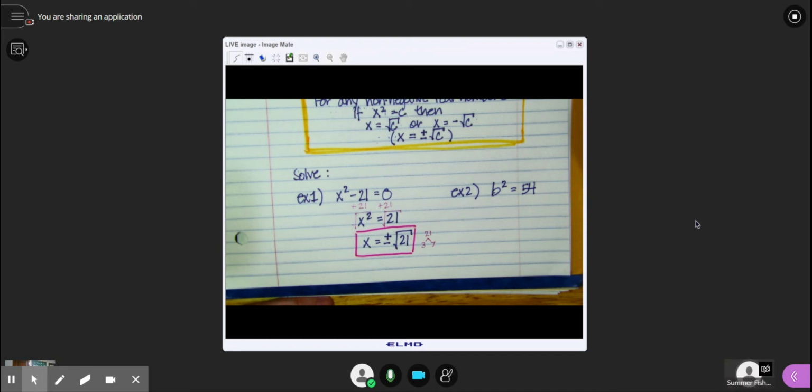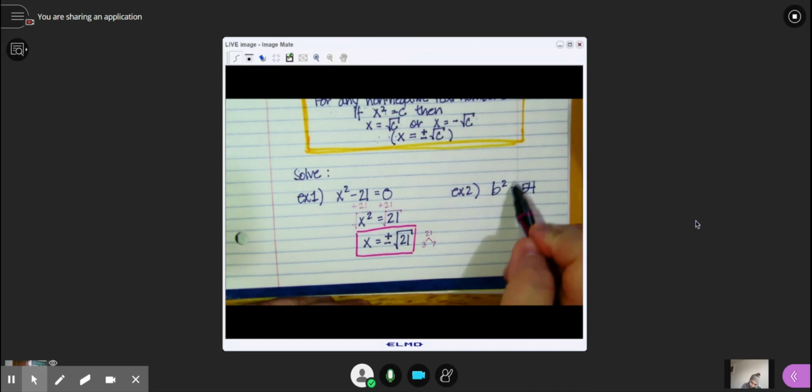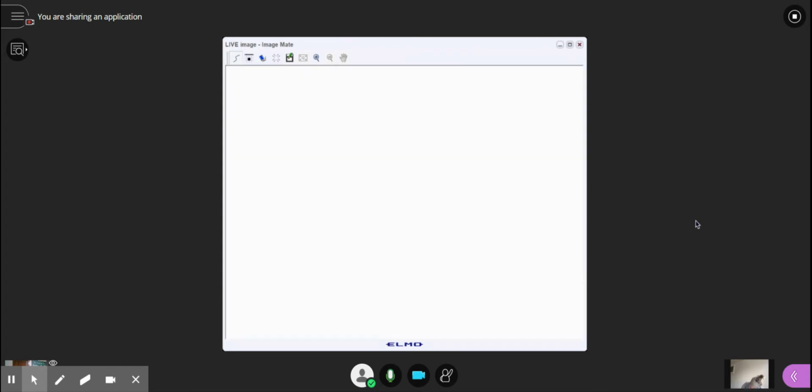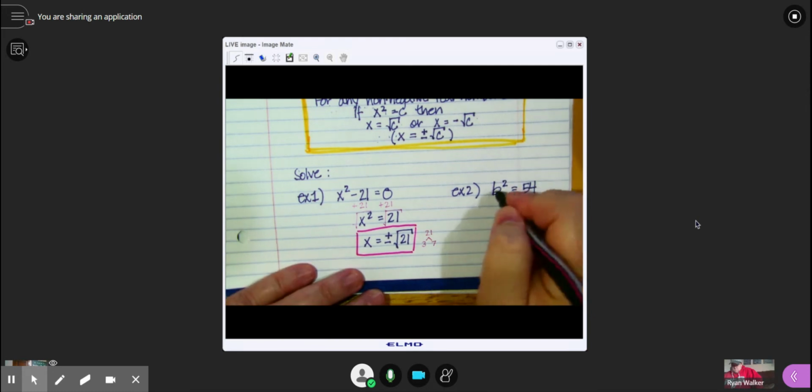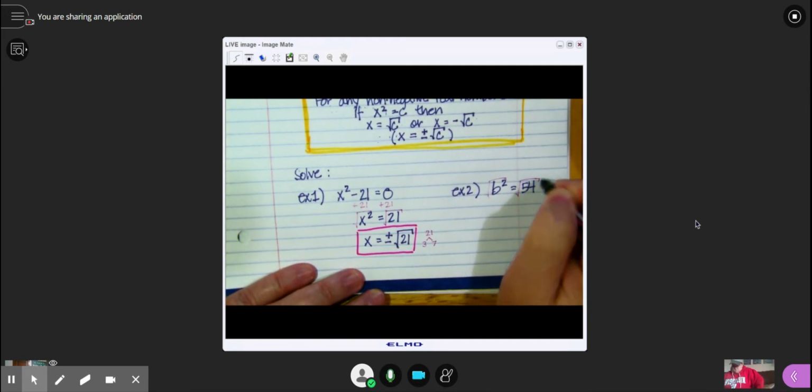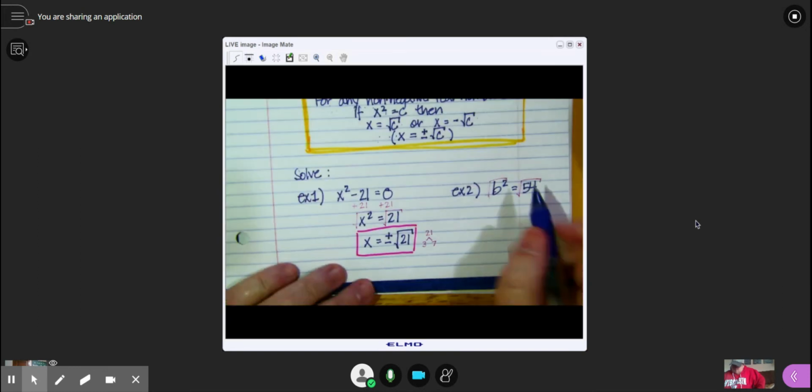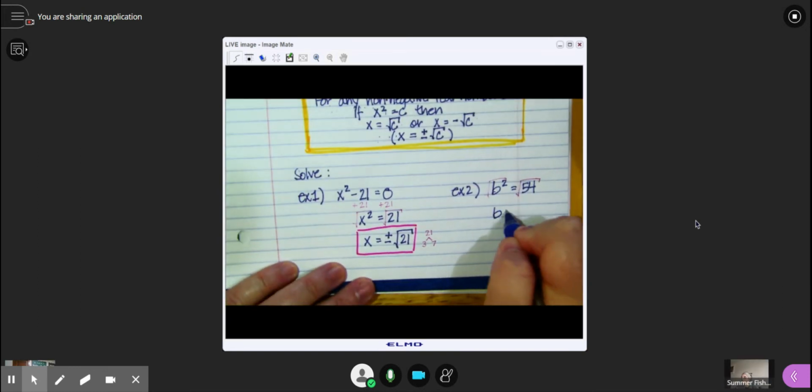Here I have b squared is equal to 54. It is already of the form something squared equals something else. So I'm just going to take the square root of both sides. And here I have b is equal to a positive negative square root of 54.